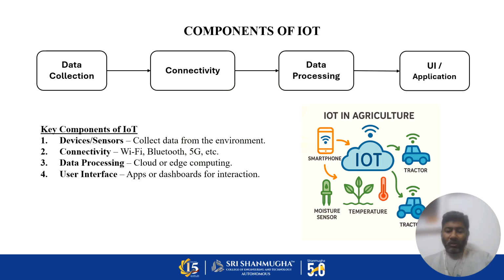Your temperature sensor will be sending temperature values, the moisture sensor will be sending moisture values, and your humidity sensor will be recording the humidity and sending it. Without data processing, with all this raw data you cannot identify which is which. So therefore you need something called data processing.